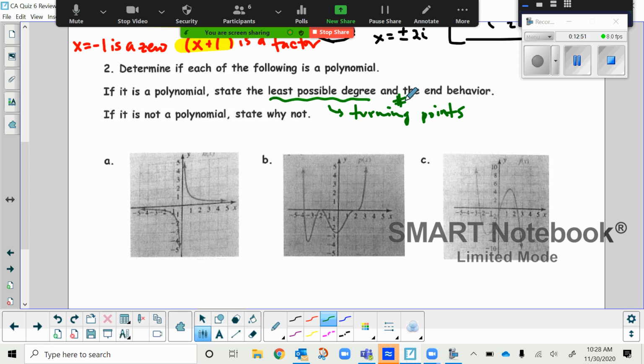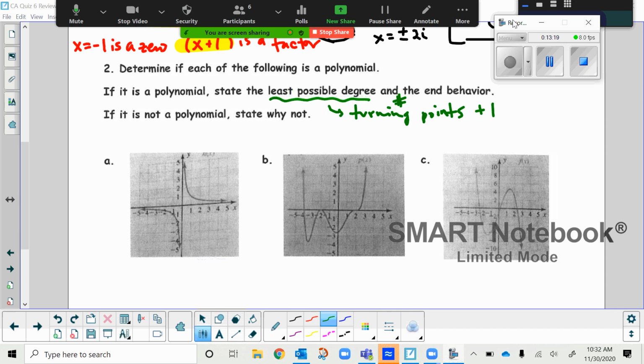You find the number of turning points and you do some math to it to figure out what the least possible degree is. Anyone? You add 1. So if you're watching the video at home, just pause it now and do A, B, and C.